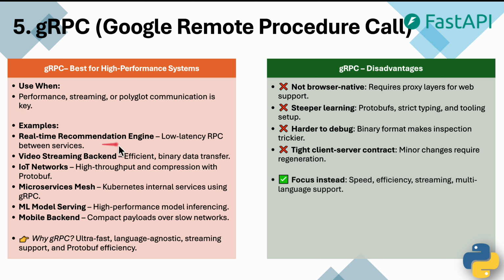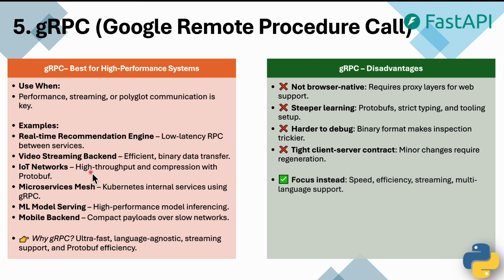For a real-time recommendation engine, if we go for gRPC, it will have low latency RPC between services. Video streaming backend: for video streaming, gRPC is very efficient. For binary data transfer also it is very efficient.